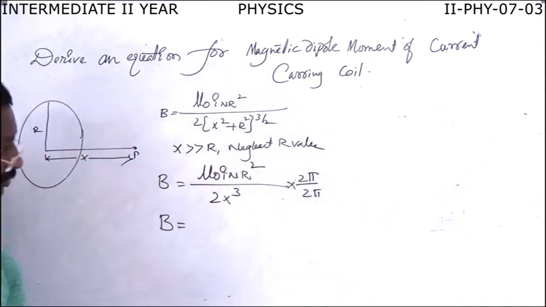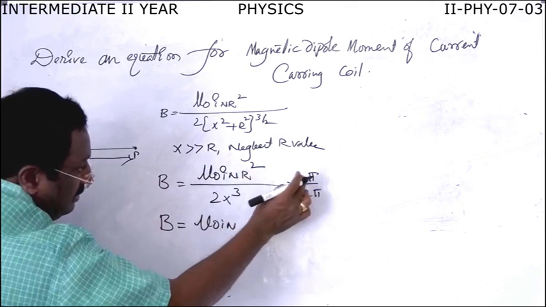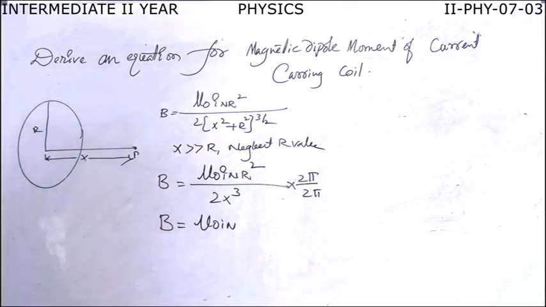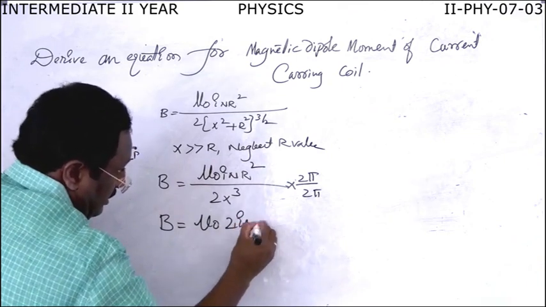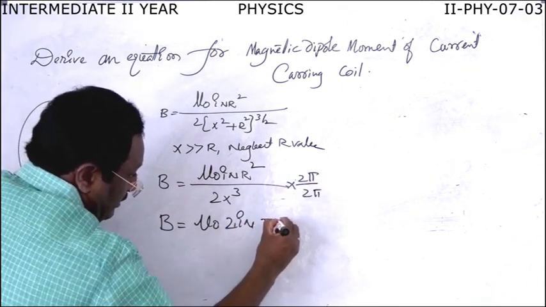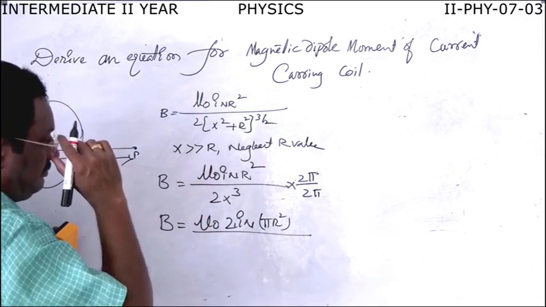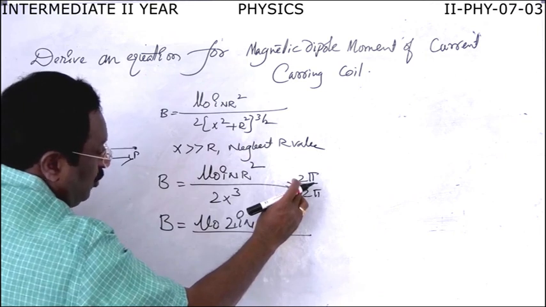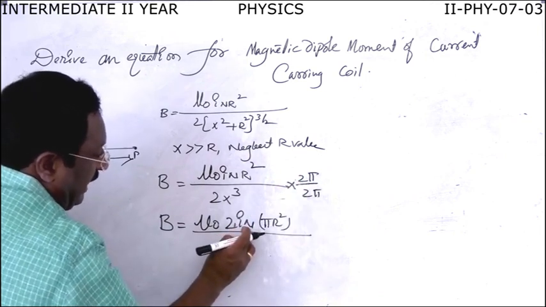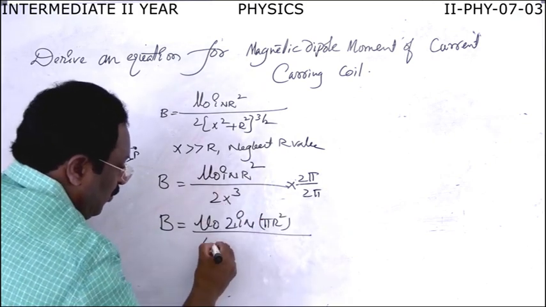So we have mu naught 2 I N pi R square in the numerator, and in the denominator 2 pi into 2, which is 4 pi, x cube.